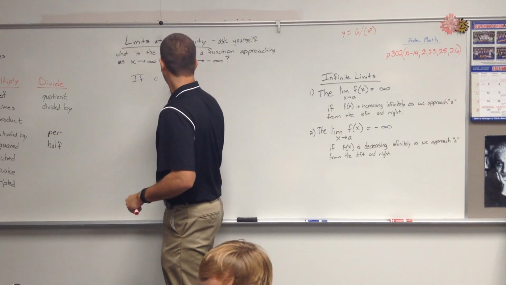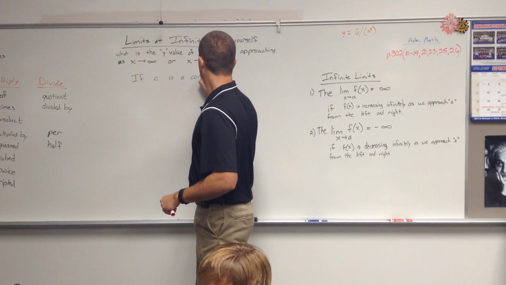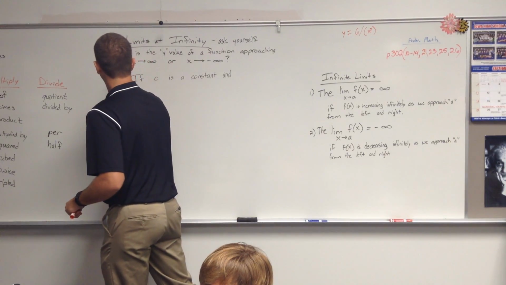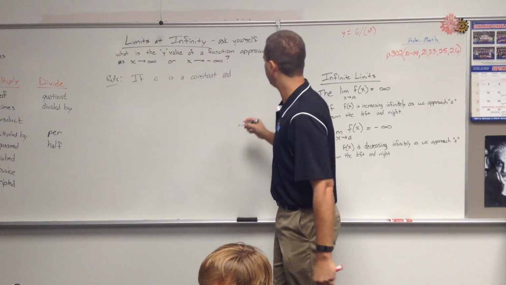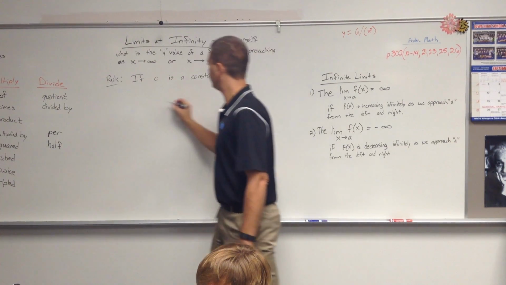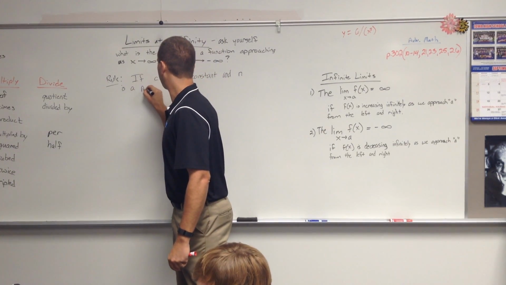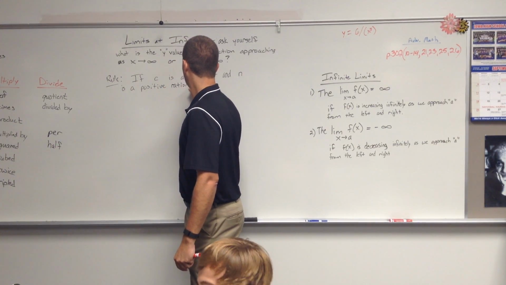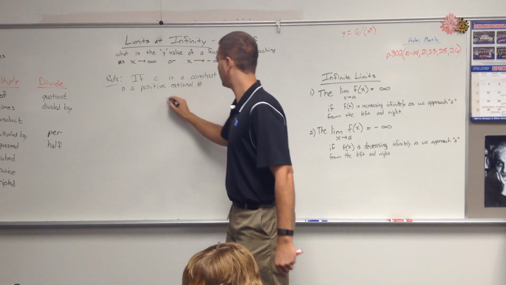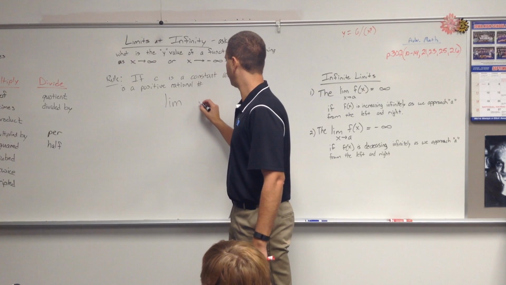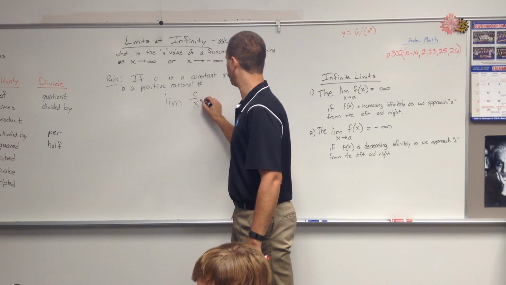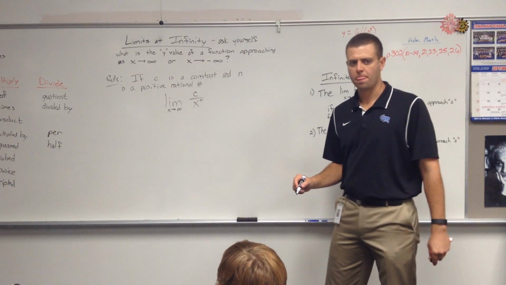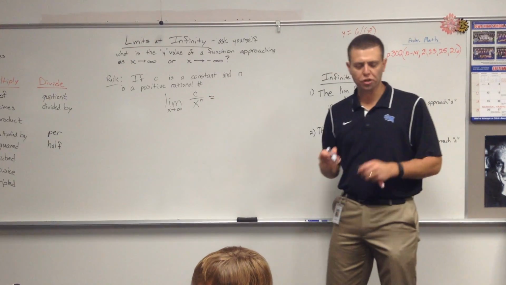Just kind of give you a little rule here. If C is a constant and n is a positive rational number, then the limit of C over x to the nth as x goes to infinity would always equal what?